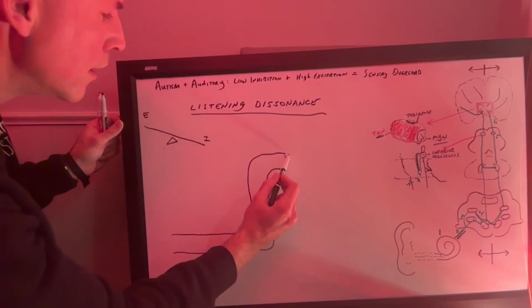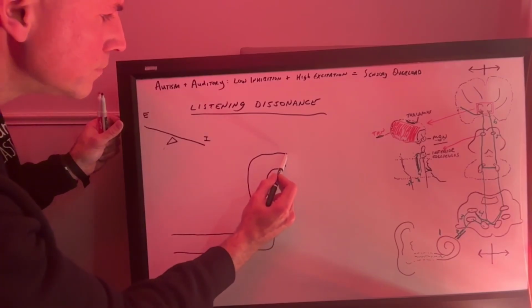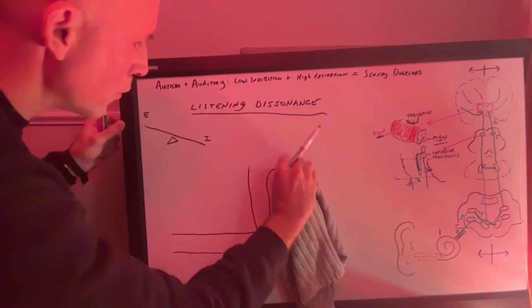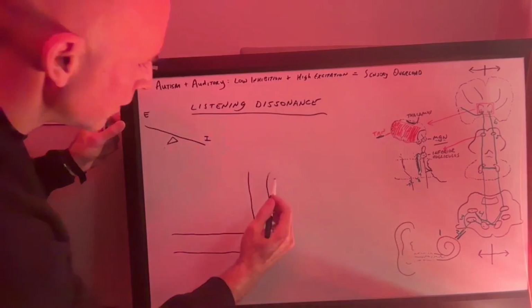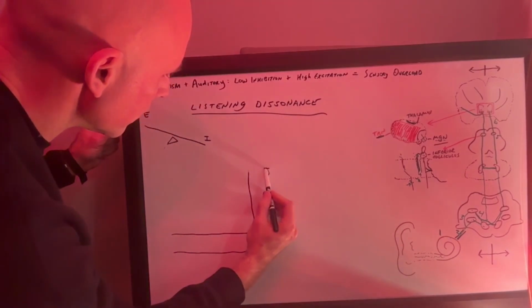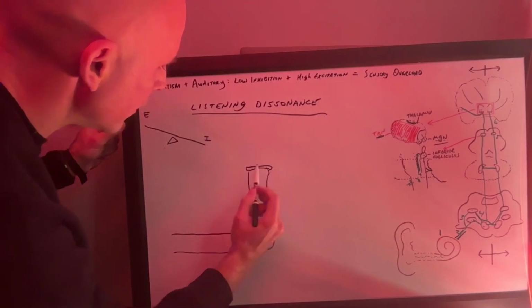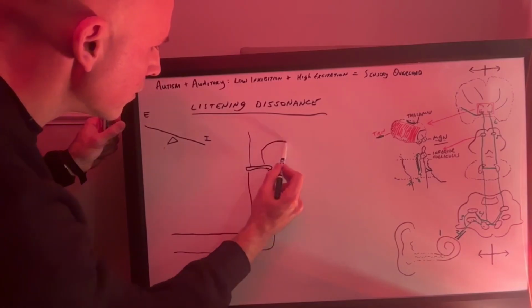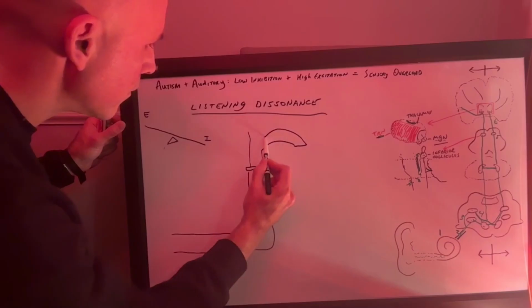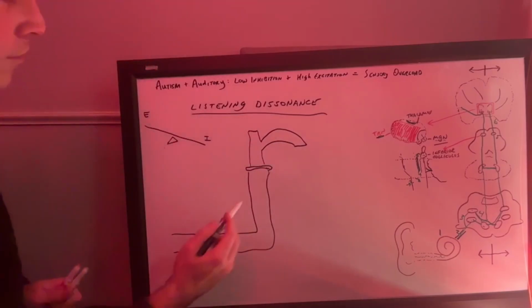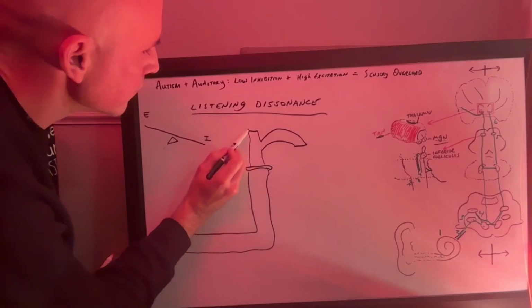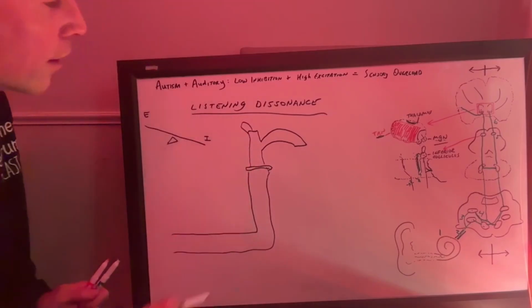So this is the water hose, and then actually it mostly goes straight, doesn't it? See, plumbing's weird. So you have this, and then let's say you have a faucet. You can turn it on.